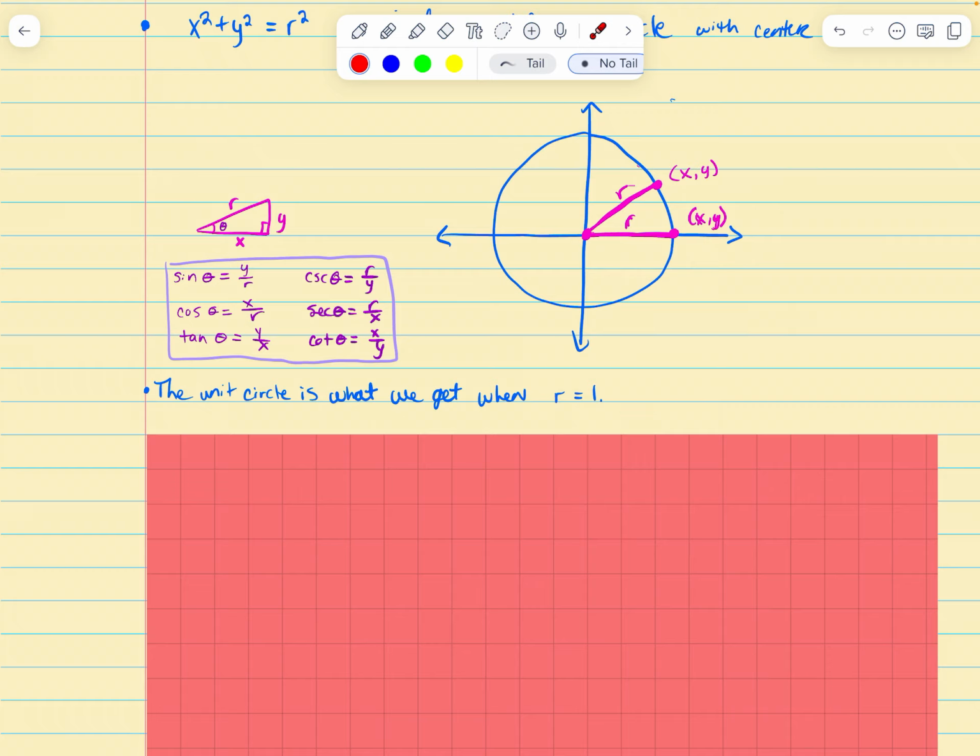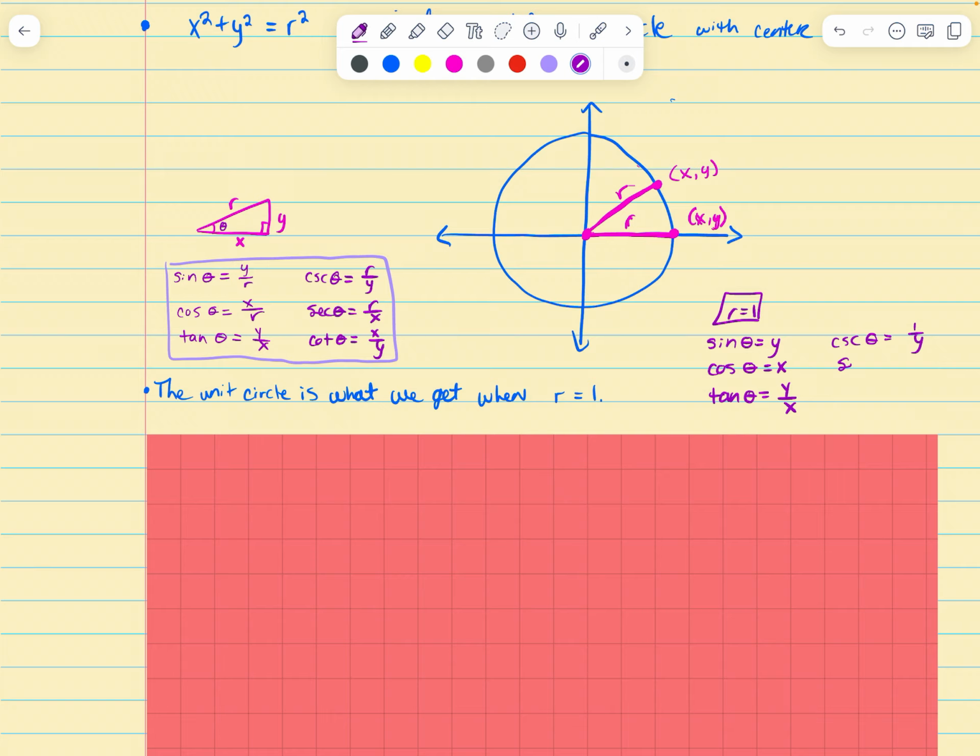So what does that mean when we start talking about our trig functions? That means now, because r is 1, we can say the sine of theta is y, cosine theta is x, tan theta is y over x, cosecant theta is 1 over y, basically, right?